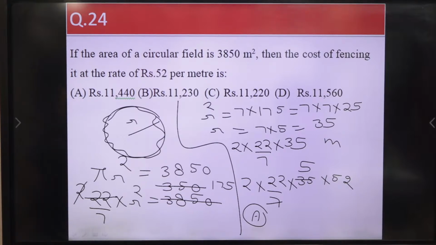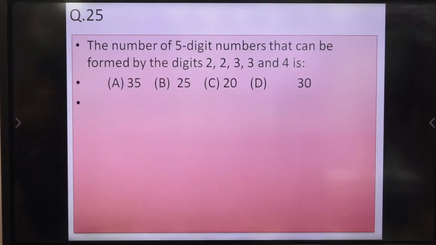Now come to the next concept. Next question. What will be the answer of this question?